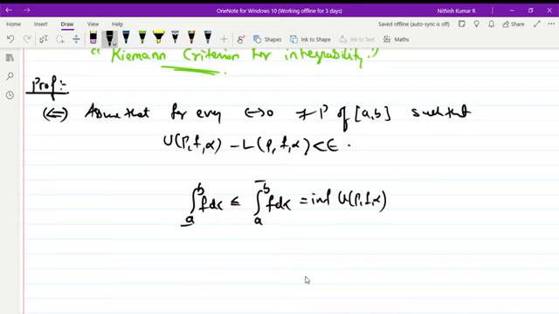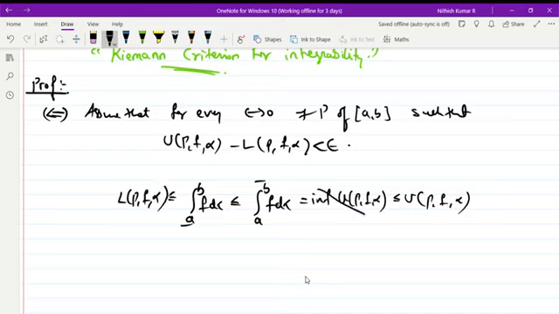What does the infimum of U(P, f, alpha) mean? It is the greatest lower bound. So if I consider any other partition, then it is less than or equal to U(P, f, alpha). Similarly, the lower integral is the supremum of L(P, f, alpha), so it is greater than or equal to L(P, f, alpha).